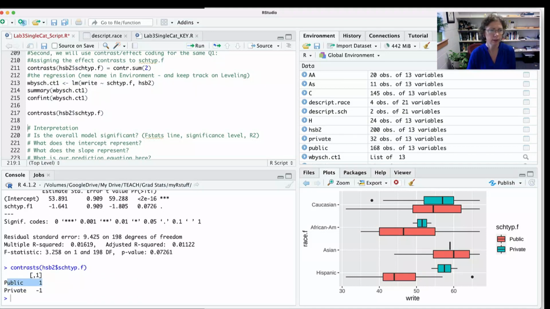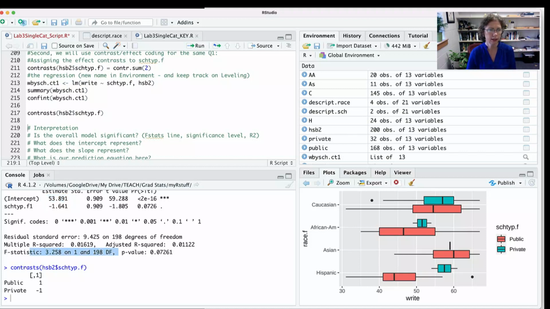Right now public is coded as 1 and private is coded as -1. So the level that's coded as 1, public, this refers to that level. The variable is still school type, but of the 2 levels in it, we're focused on the level called public. Public is -1.641 different than the grand mean, than the average between those groups.